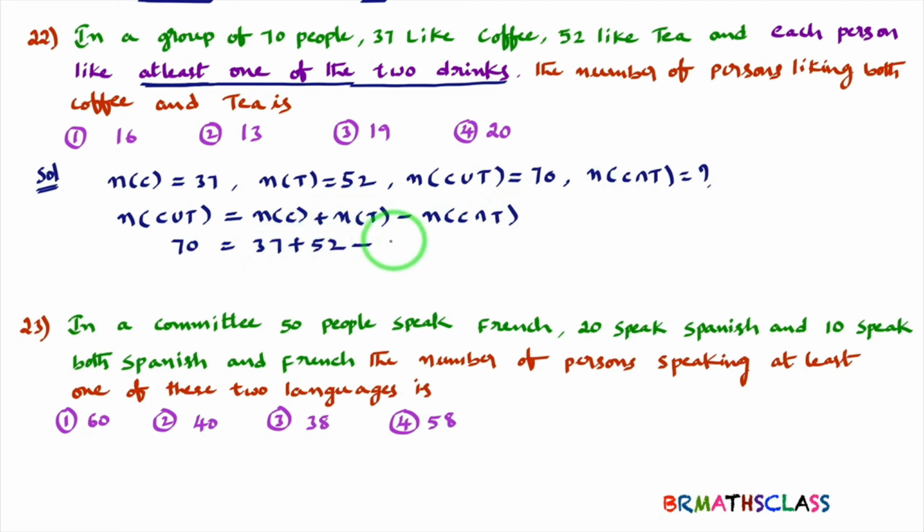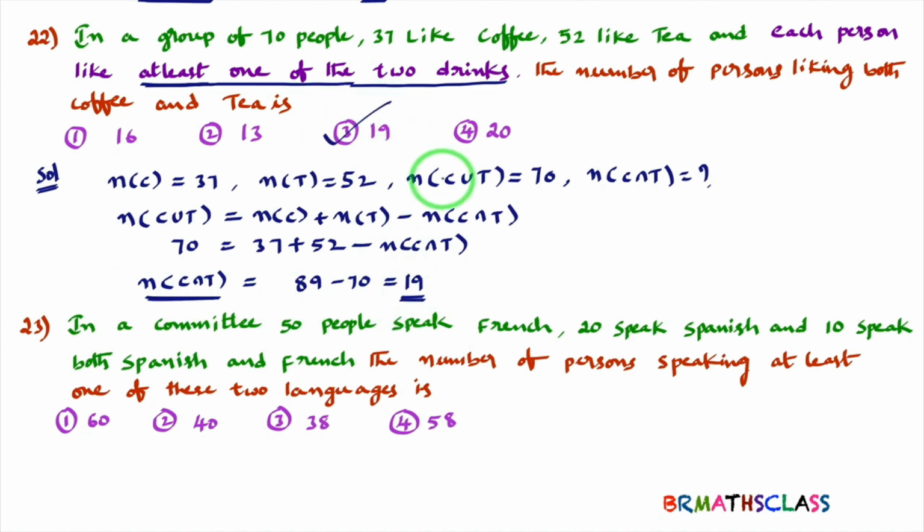We need to calculate N of C intersection T. Take N of C intersection T to the left hand side. N of C intersection T equals 37 plus 52, 89, minus 70, because this 70 moves to this side and becomes minus 70. 89 minus 70 is 19. So N of C intersection T is 19. So what is the right option? The third option is the right option.